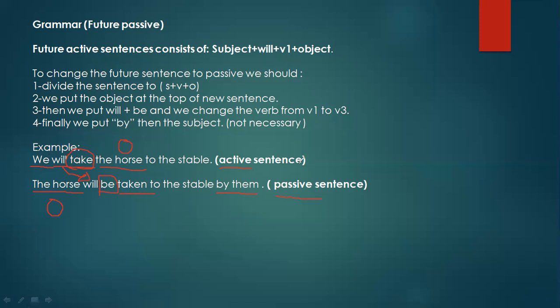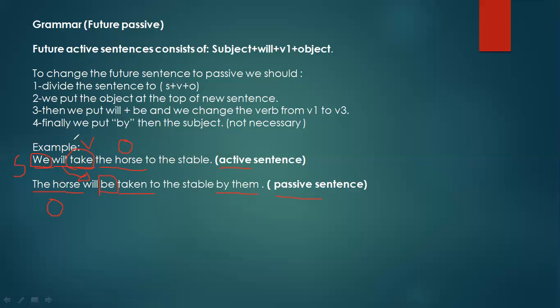When I want to make it a passive sentence, I put the object at first. We is the subject, will take is the verb, so I put the object as the first word at the beginning.